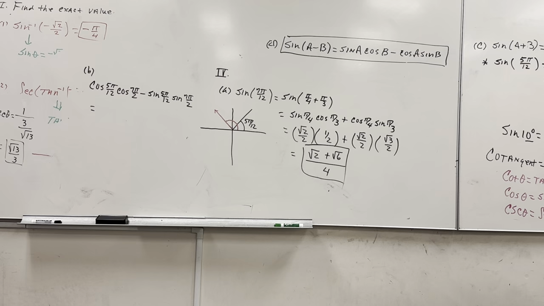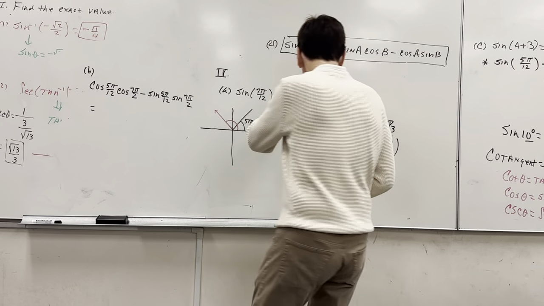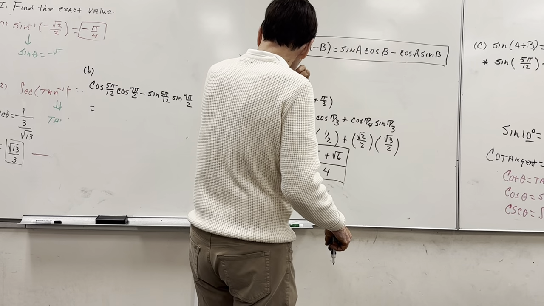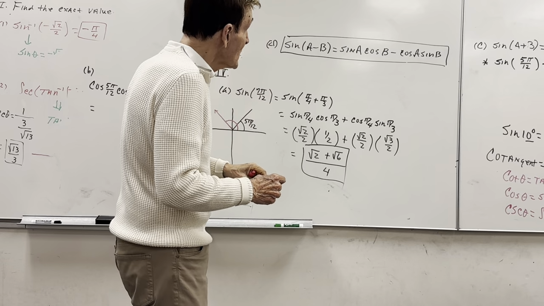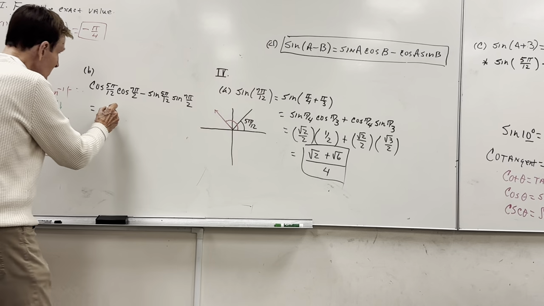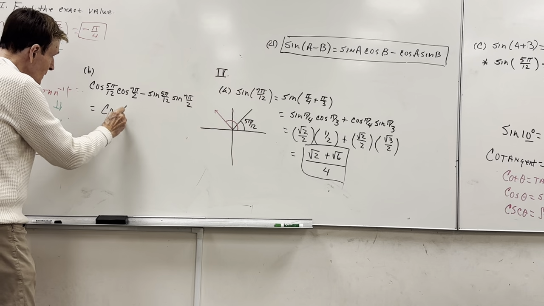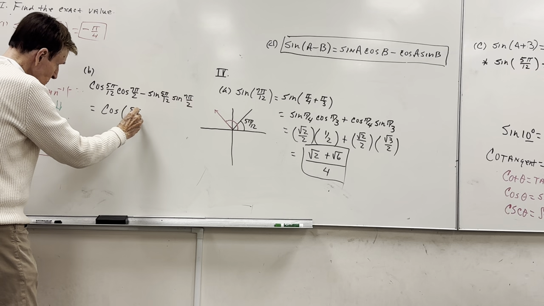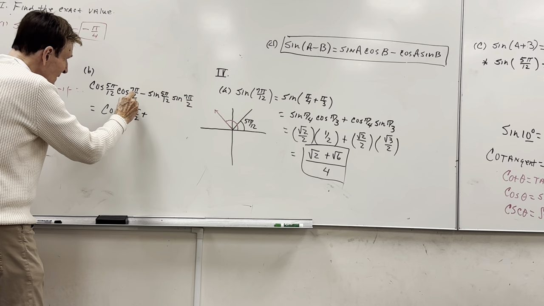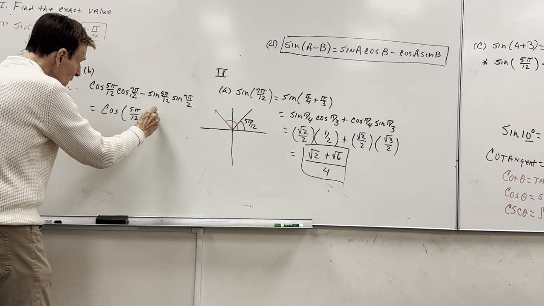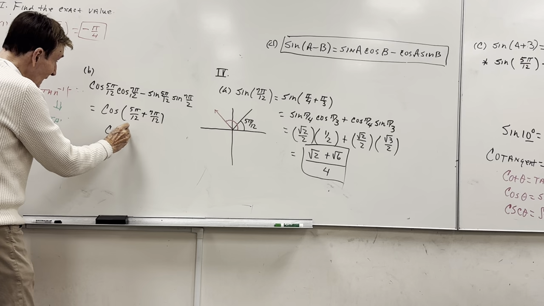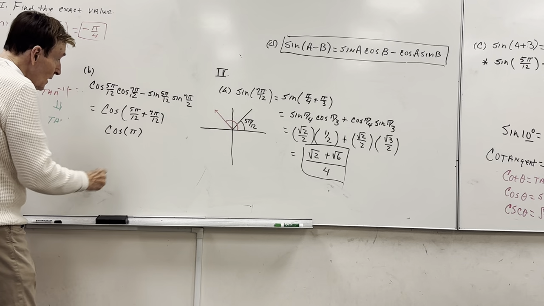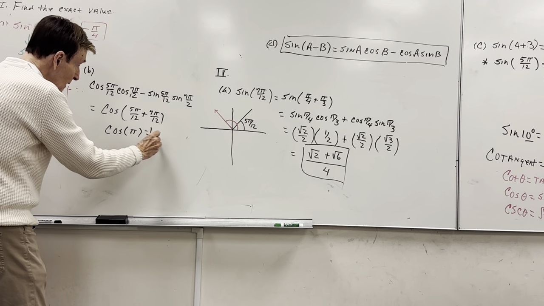So all that's equivalent to cosine A plus B. So in this case, this is cosine of 5 pi over 12 plus 7 pi over 12. And that's cosine of pi. Yes or no? If it is, there's the answer: -1.